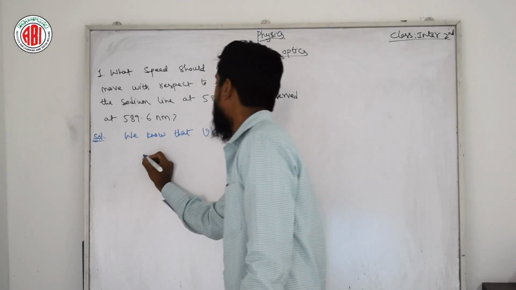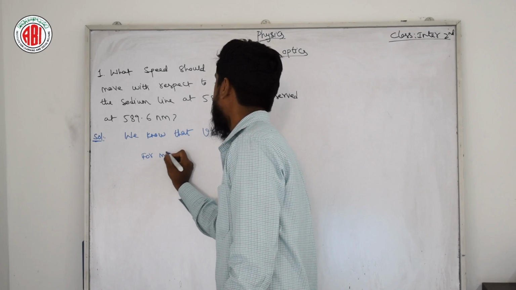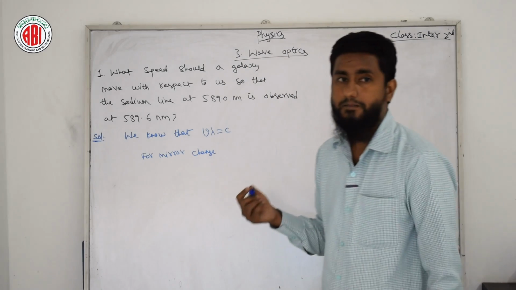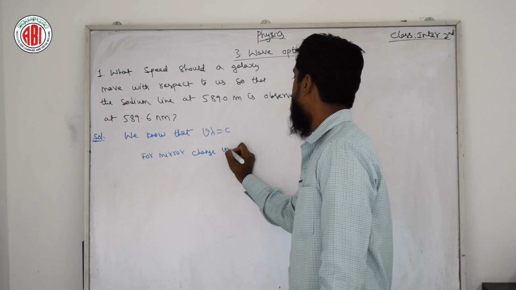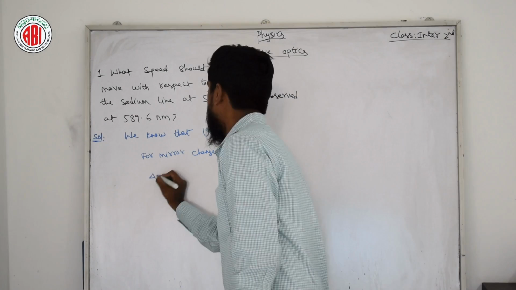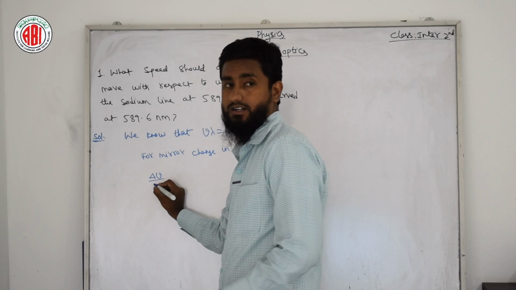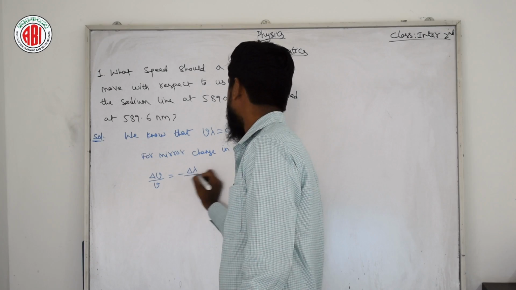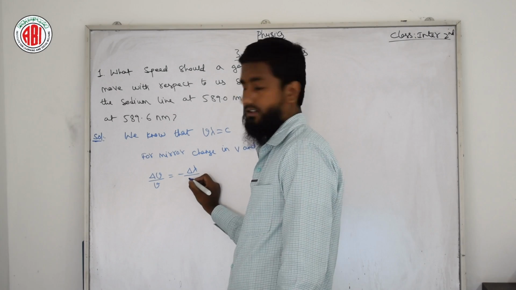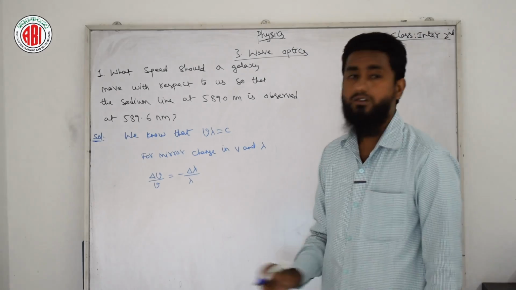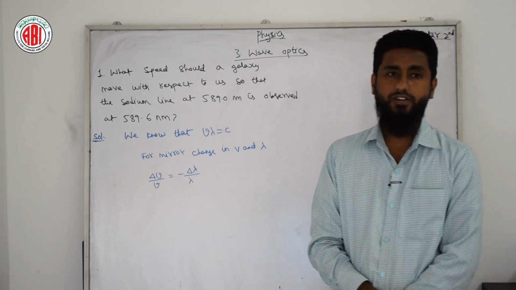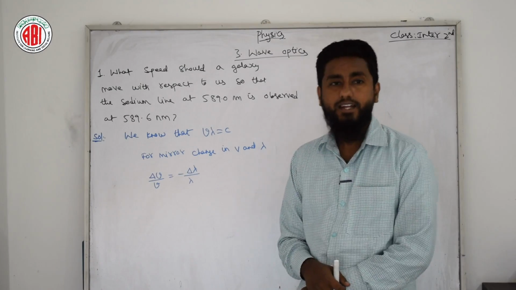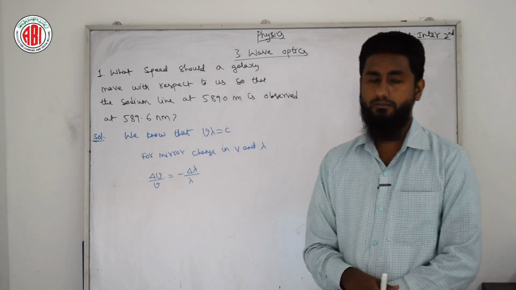For the next step, we write the change in ν and λ: Δν by ν is equal to minus Δλ by λ. Here Δν is the change in frequency, ν is the frequency, which is equal to the negative of the change in wavelength by the wavelength.